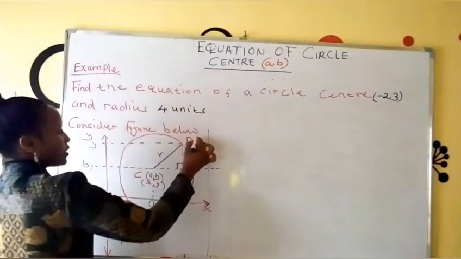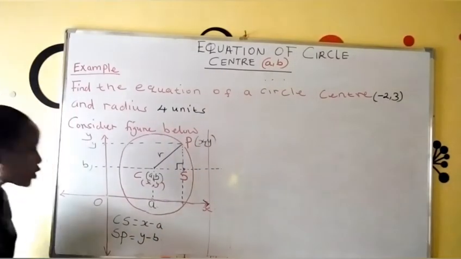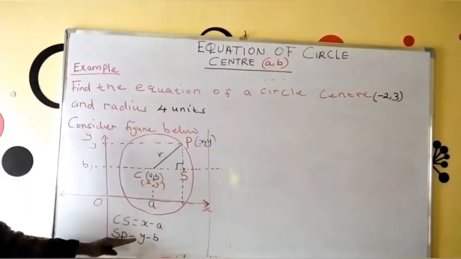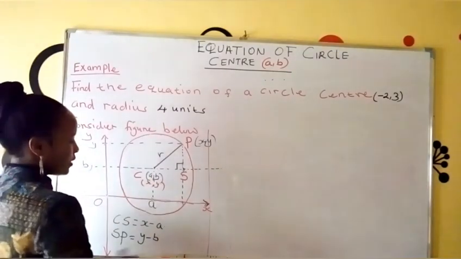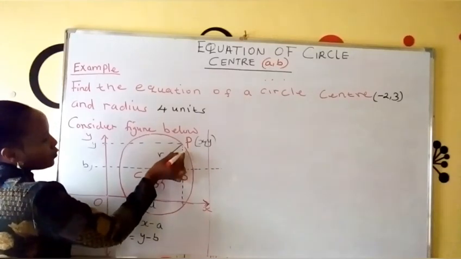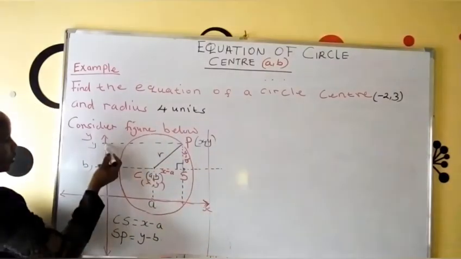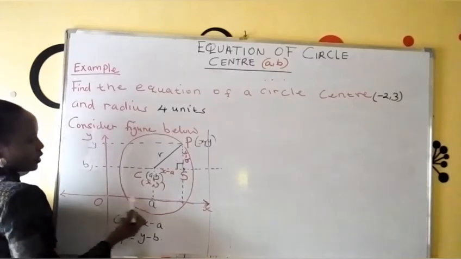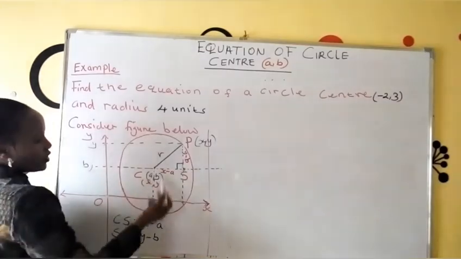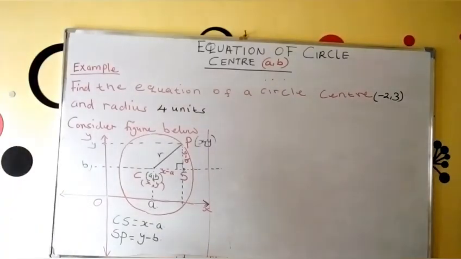In short, if this point P is any arbitrary point (x, y), then this side will be x minus a, and this one will be y minus b, because from here to this point is y, and from here to this point is x. As simple as that, guys.